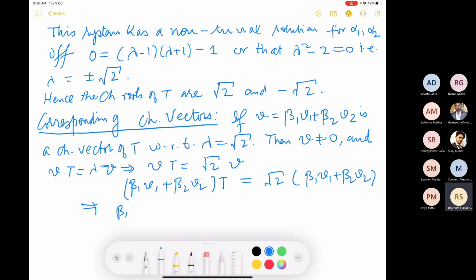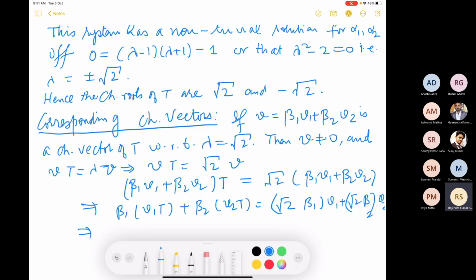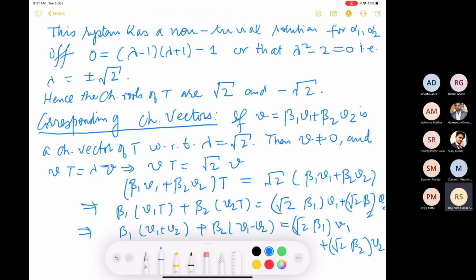That makes beta 1 v1T plus beta 2 v2T equal to root 2 beta 1 v1 plus root 2 beta 2 v2. v1T is v1 plus v2, so this is beta 1 (v1 plus v2) plus beta 2 (v1 minus v2), which is the same as root 2 beta 1 v1 plus root 2 beta 2 v2.